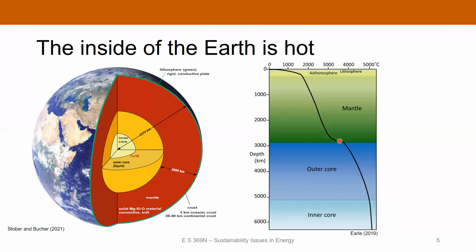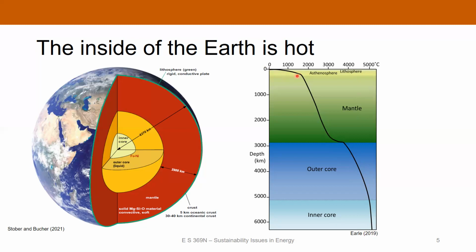Then we get down to the outer core, and there's even less of an increase, and when we get to the inner core, even less of an increase in temperature. But the center of the Earth is about 5,000 degrees Celsius, and right near the surface you're averaging about 20, 25 degrees Celsius, just below the ground. So that's the temperature range that we're looking at.